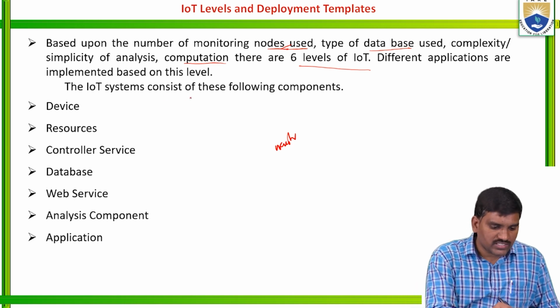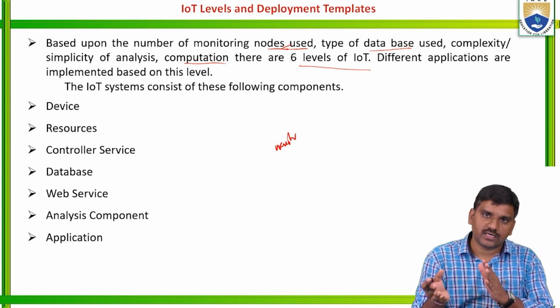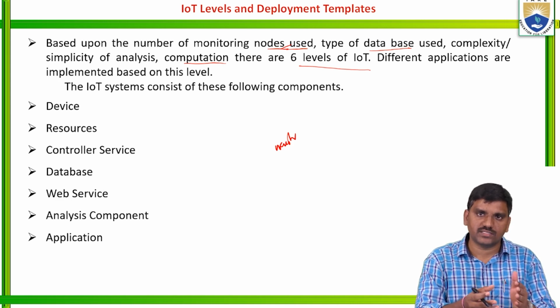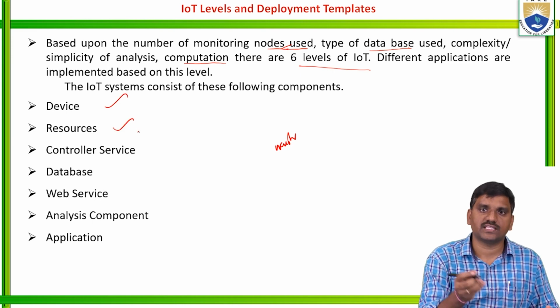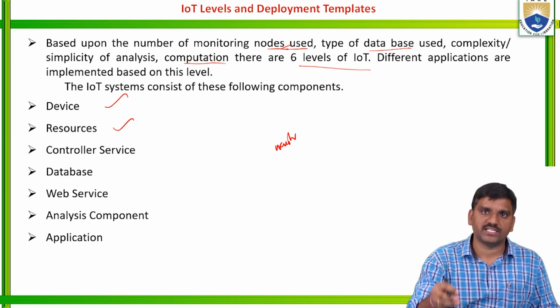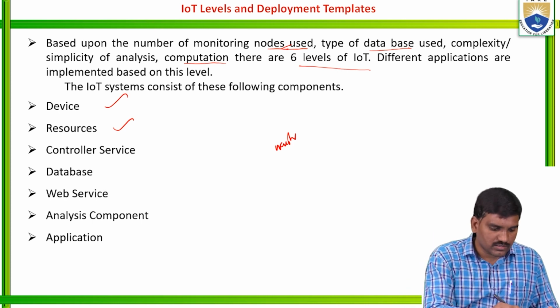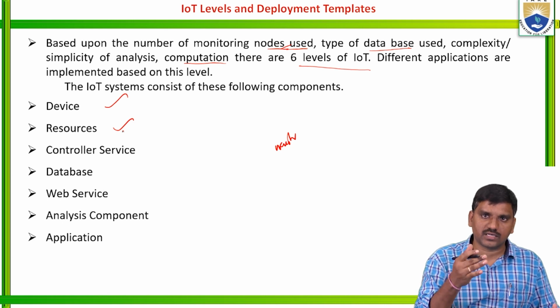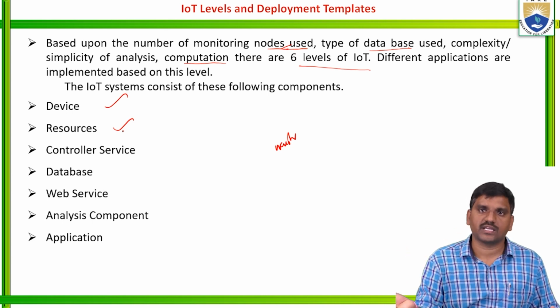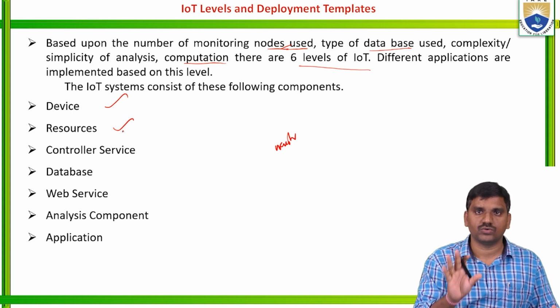The IoT system consists of the following components. Every level has these common components, starting with a device. What are the devices? Either sensors, actuators or any drivers. Next, resources. What are the resources? Whether for communication purpose or non-communication purpose, whatever it may be, it has some specific resources to develop.